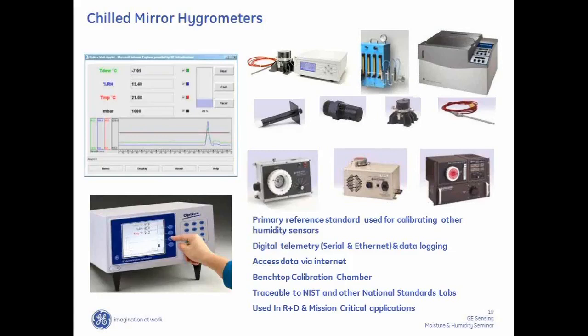The sensors are really rated by their amount of cooling capacity. The bigger sensors generally have more cooling, and very often the cooling is augmented with a built-in gold-plated heat exchanger where you can circulate a fluid. So if you want to measure down to dew points of -80 and below, you would typically use a water-cooled or liquid-cooled system.